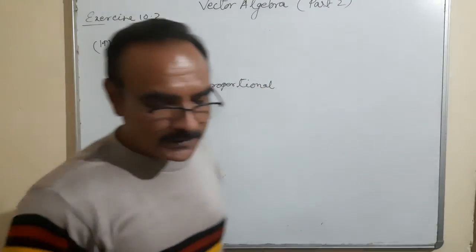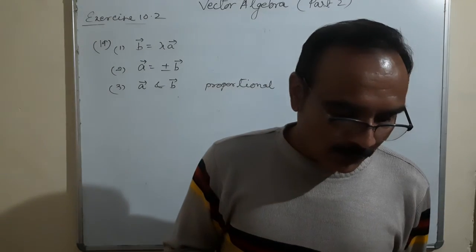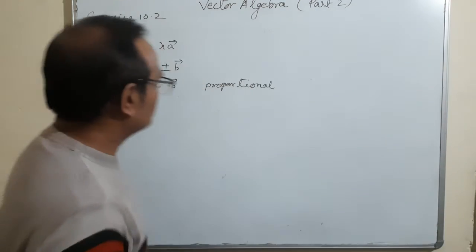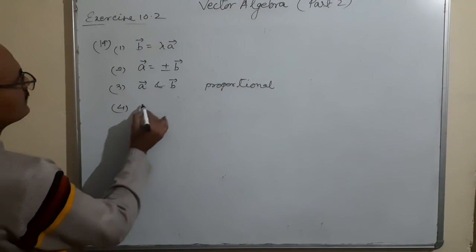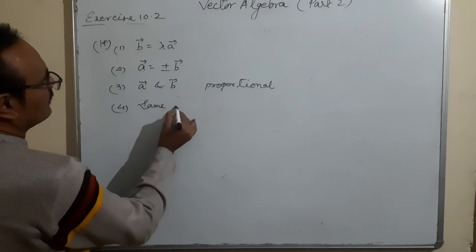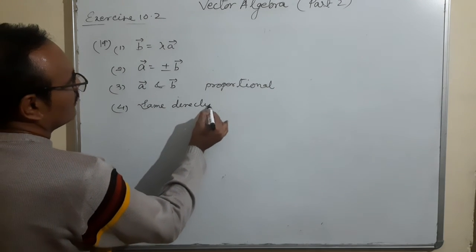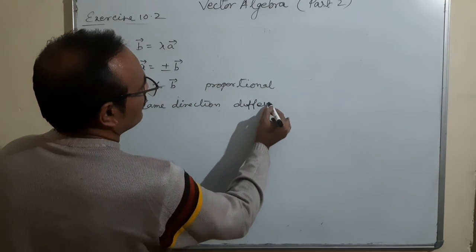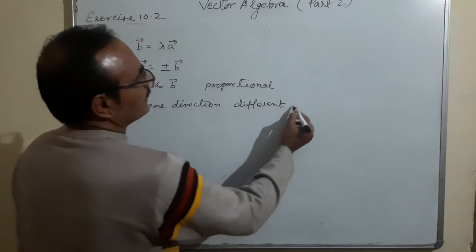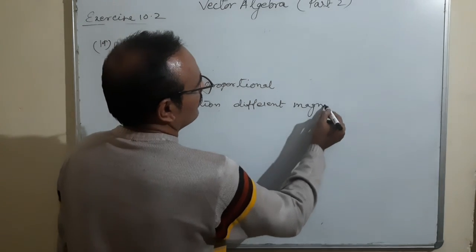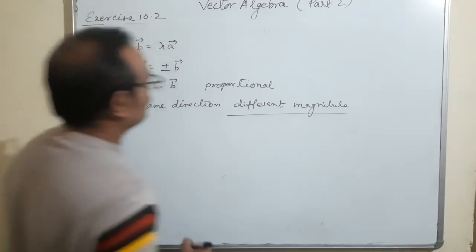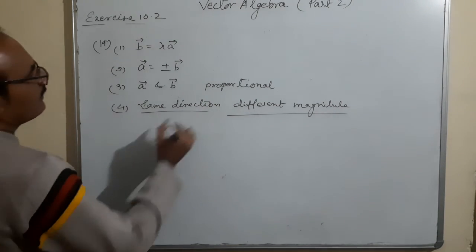And fourth, both vectors A and B have the same direction but different magnitude.